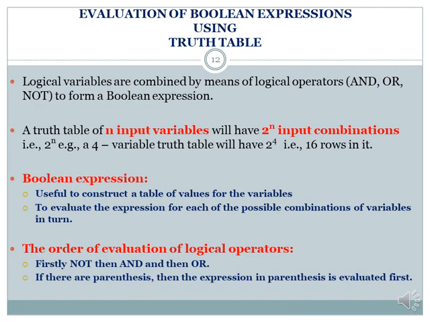For example, if you take 2 input variables in your truth table, it produces 4 combinations of output. So the Boolean expression is useful to construct a table of values for the variables, in order to evaluate the expression for each of the possible combinations of variables in turn.